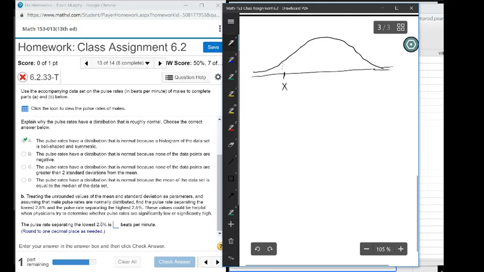The lowest 2.5% would be an area, the lowest 2.5% corresponds to area equal to, turn the percent into a decimal, 0.025.